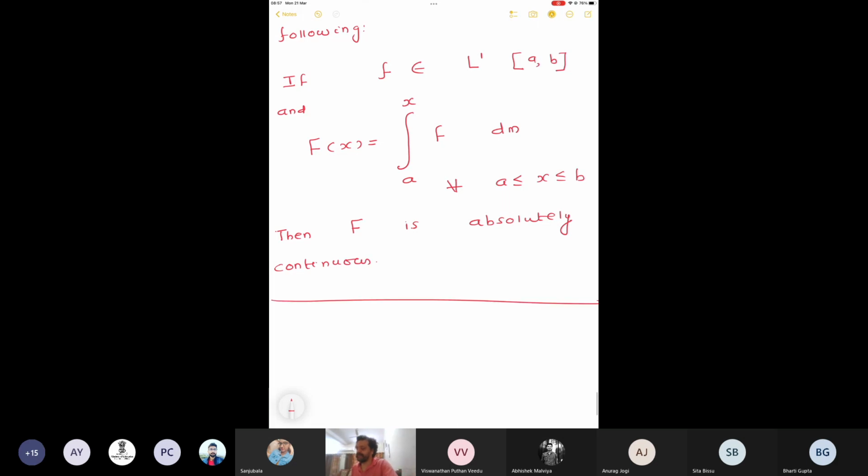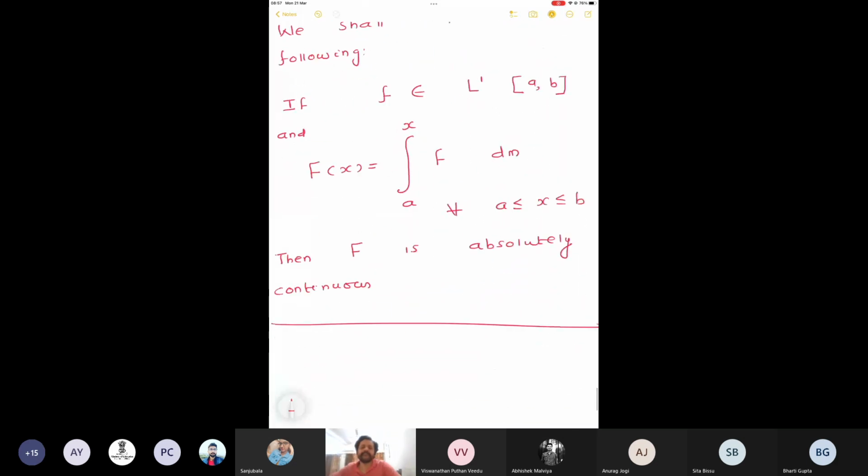We shall prove this theorem, not now. So this will tell you the connection between Lebesgue integrability and absolute continuity. If you have a Lebesgue integrable function, its indefinite integral is going to be absolutely continuous.